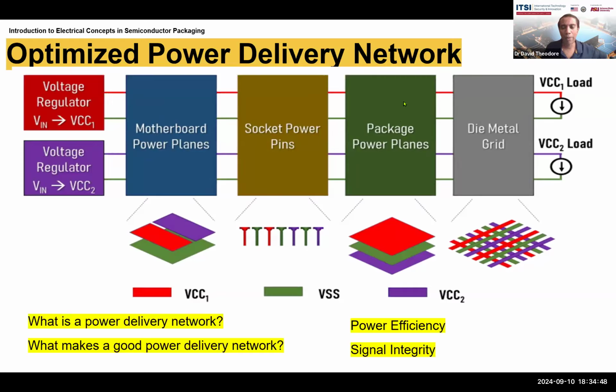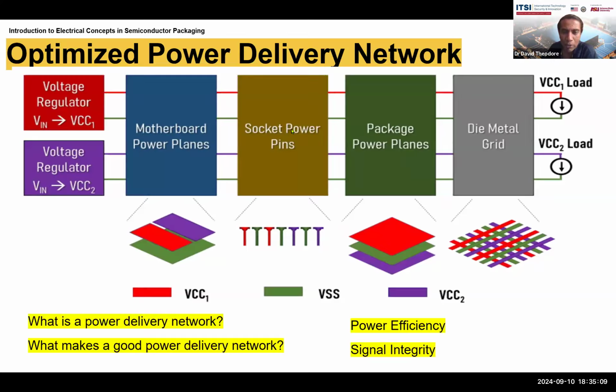So here you've got the sockets, and the sockets have different colors. So they're using VSS for the ground plane in this case, and you can see that those are green. The red are the voltage regulator 1 power lines, and the purple are the voltage regulator 2 power lines.